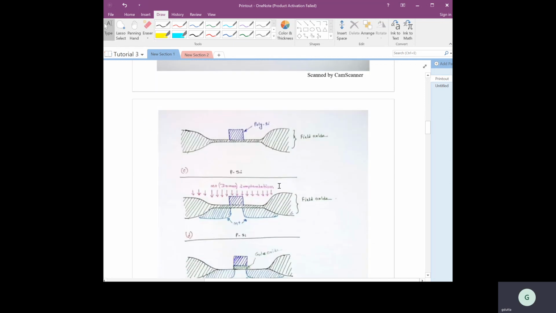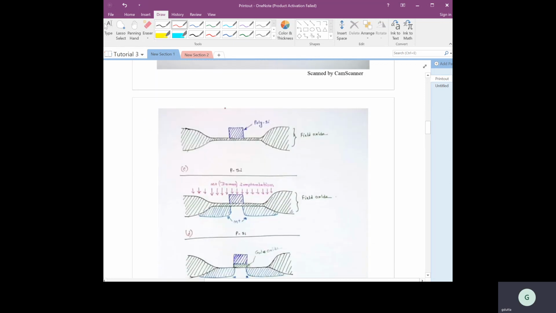Okay, let us see what next. After that, you deposit complete polysilicon on top of it. So you can assume I will deposit a polysilicon like this, and then I will pattern the polysilicon. Pattern means I will use lithography and etch the polysilicon from this region to this region, and from this region to this region.